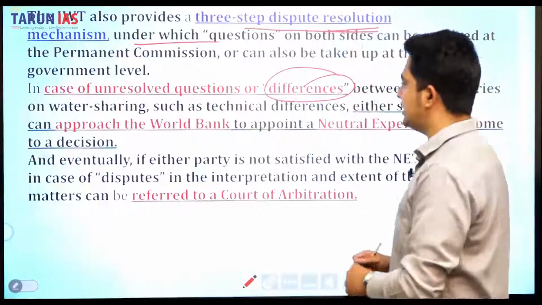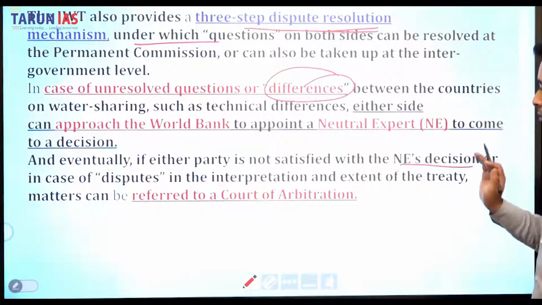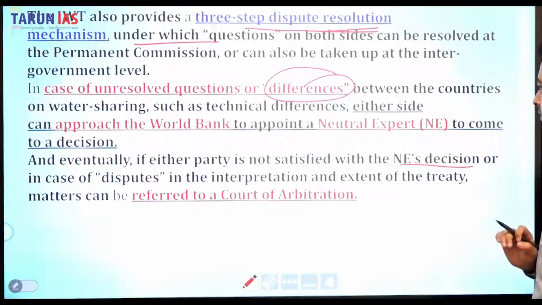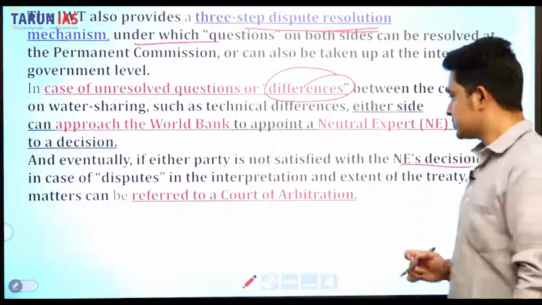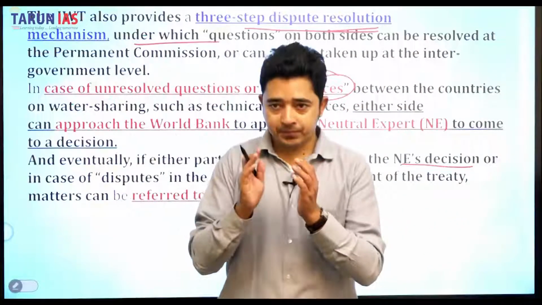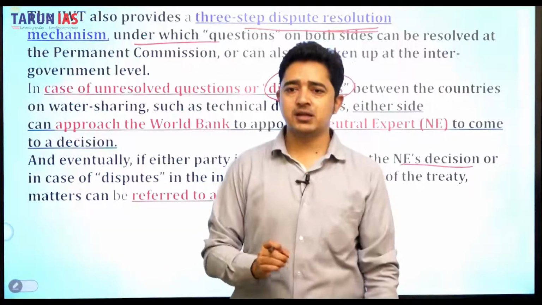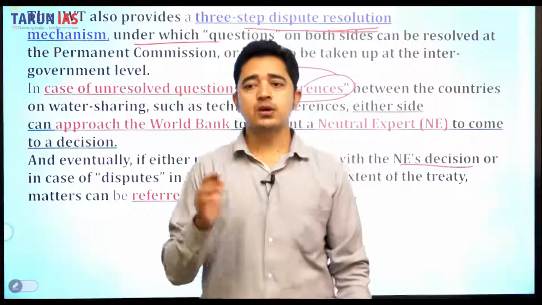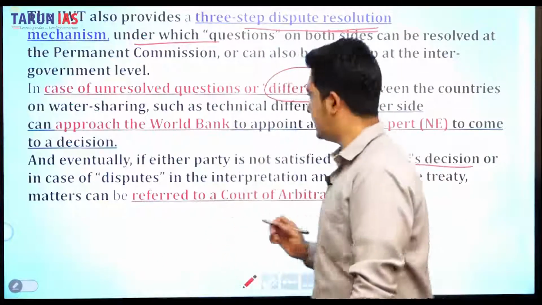And eventually, if either party is not satisfied with any decision, or in case of disputes in the interpretation and extent of the treaty, matters can be referred to a court of arbitration. So we can say if both countries are not happy with the neutral expert's decision, then the matter goes to the court of arbitration, right?